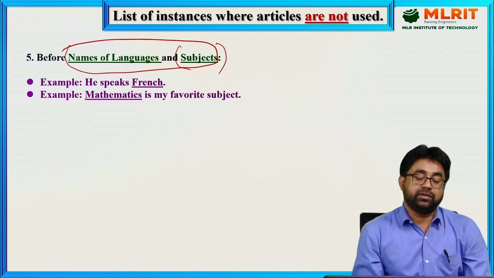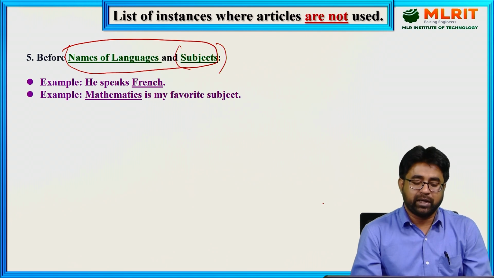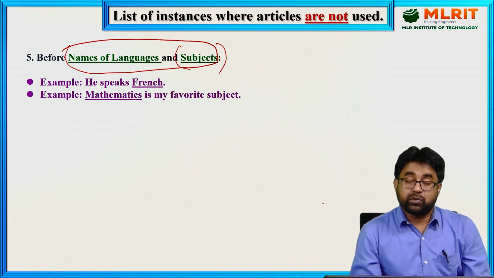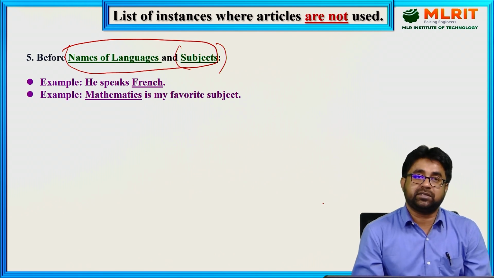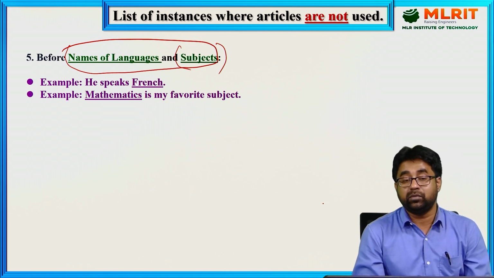Similarly, subjects also. If we talk about maths, physics, chemistry, history, anything, they're all specific subjects. So why don't we use the definite article "the"? But as was told in the first slide itself, there are certain grammatical conventions and rules that we have to follow.